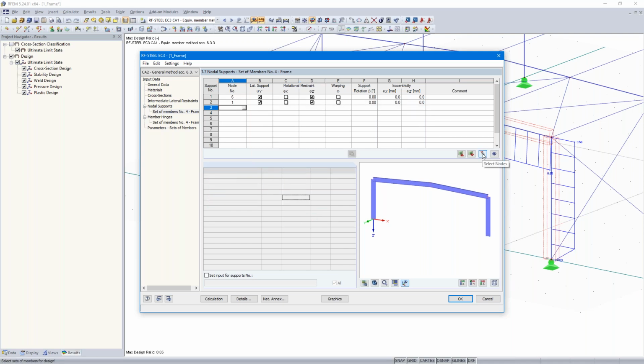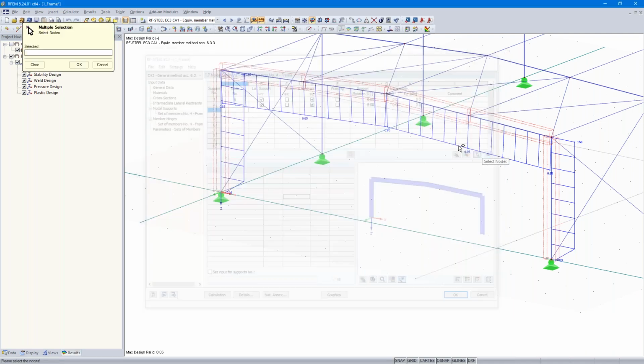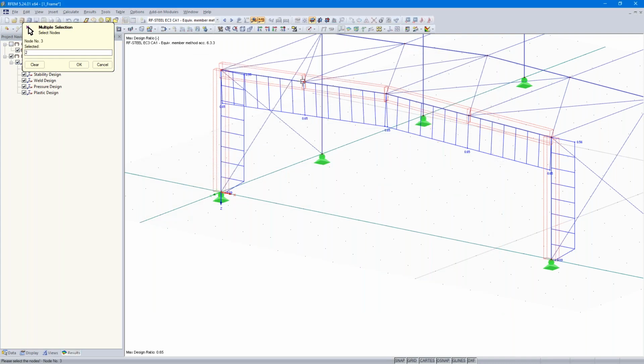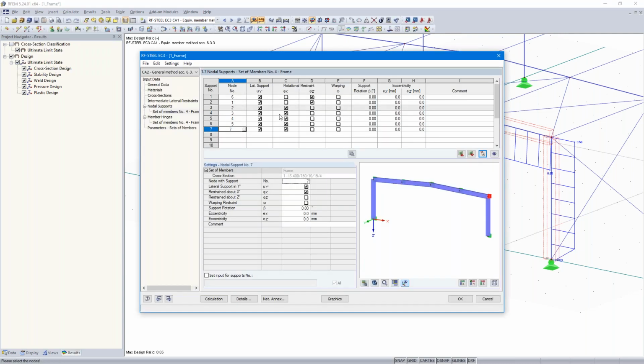Then by clicking here, select nodes, I select the single points for the horizontal beam. Okay. And I would like to consider only a lateral support in Y direction and no rotational restraint.